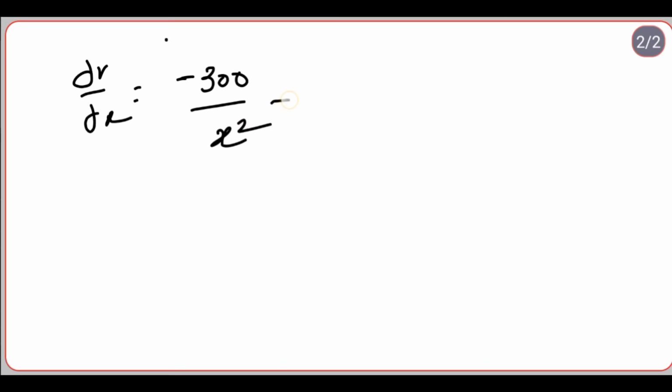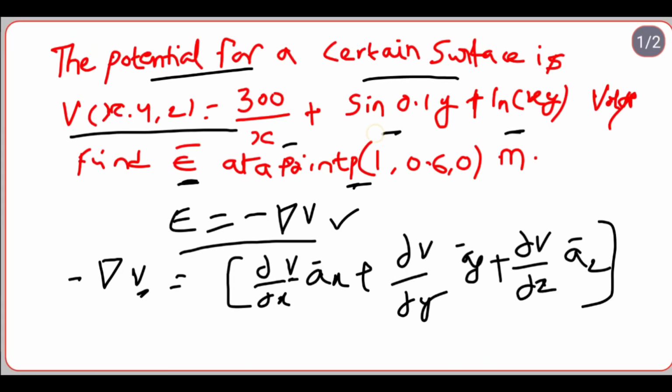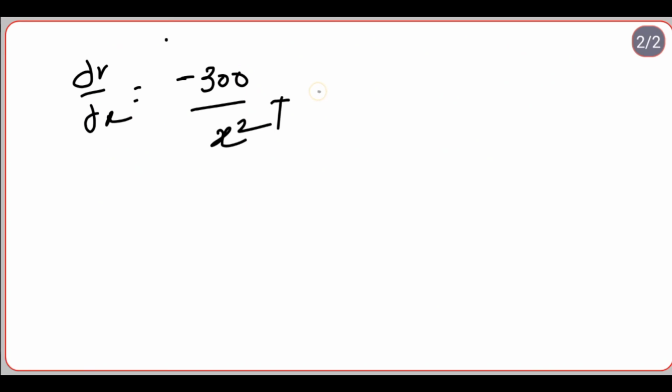First we are calculating dou V by dou x. Dou V by dou x is the partial differentiation of V of xyz, that is, the differentiation of 300 by x is minus 300 by x square, plus the partial differentiation of sine 0.1 y with respect to x, which is 0 because there is no x term, plus the differentiation of ln xy, which is 1 by xy into y.